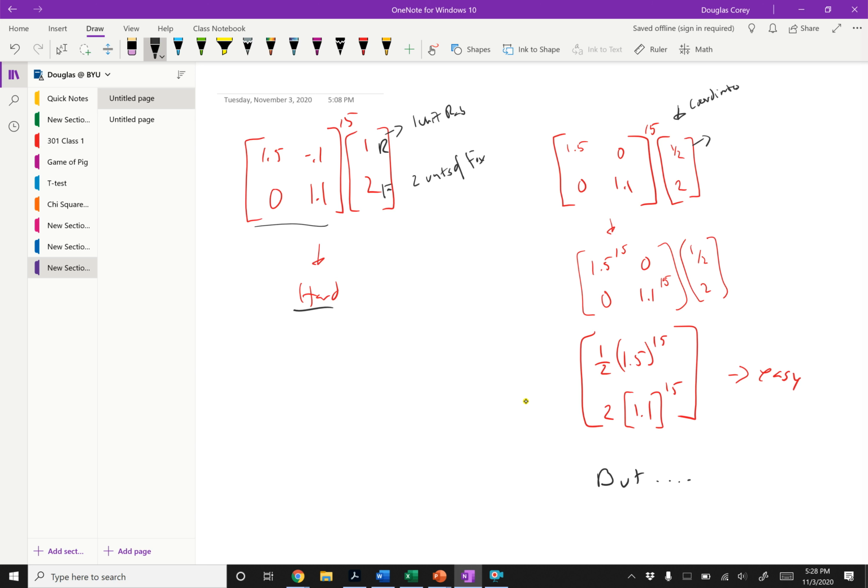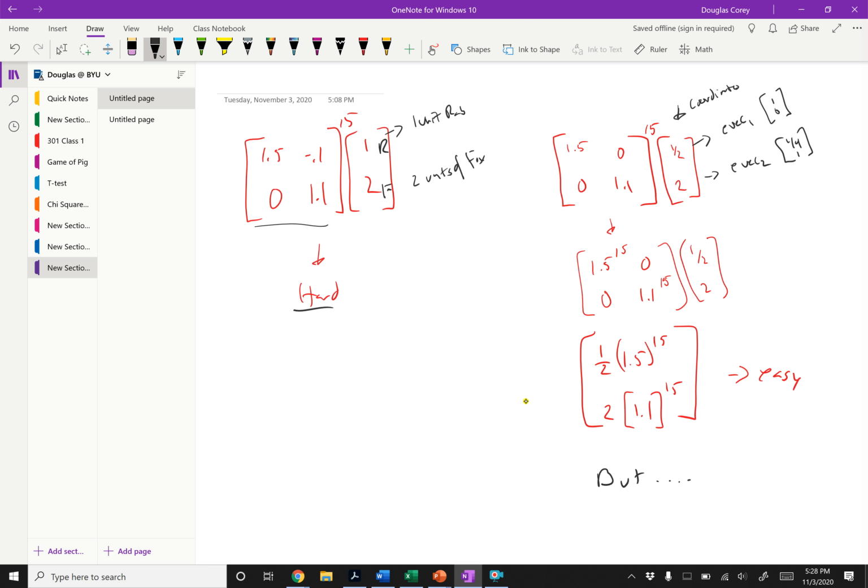Over here, if we are able to translate rabbits and foxes into coordinates of eigenvectors, so this is half of eigenvector 1, which is 1, 0, and 2 of eigenvector 2, which is 1/4, 1. In one of the classes we used 1, 4 instead, but I'm going to stick with 1/4, 1.